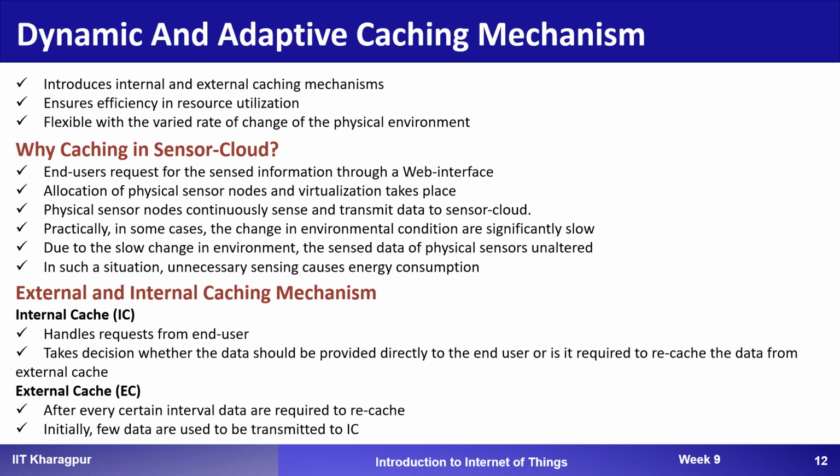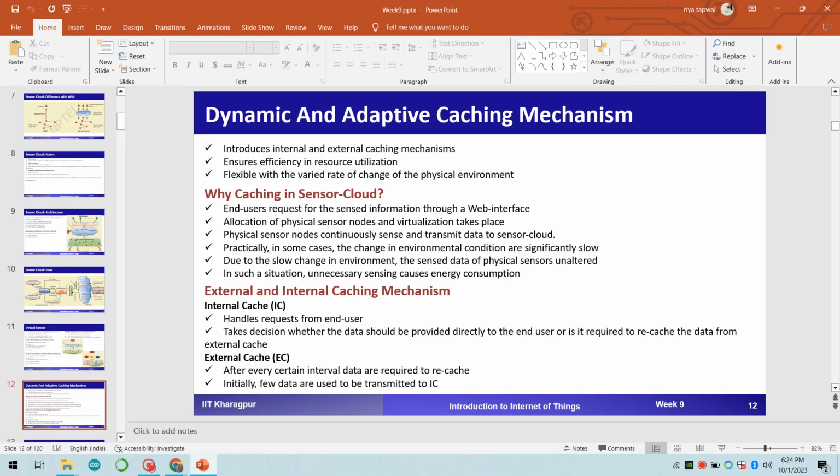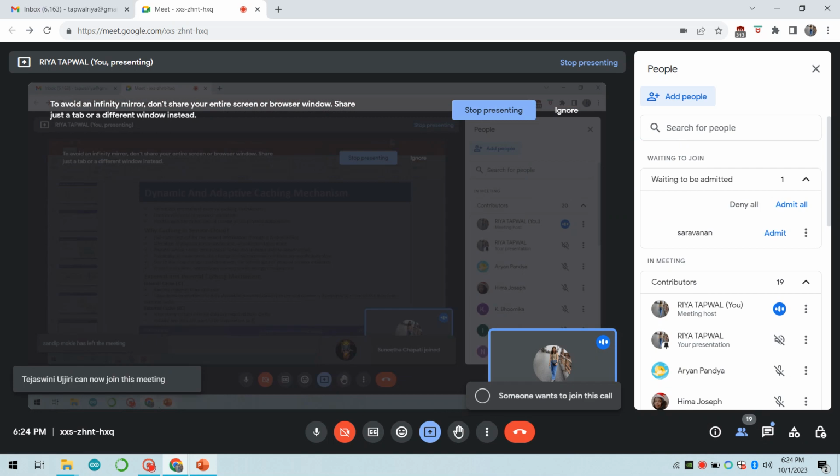So in those scenarios, if you are continuously getting the data from your sensors, then it will result in wastage of energy, and the lifetime of sensors which are involved in sensing will get reduced.